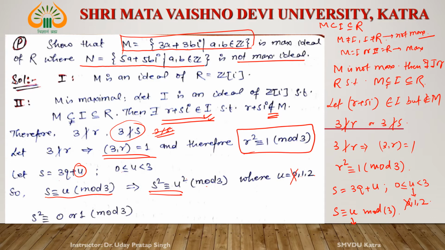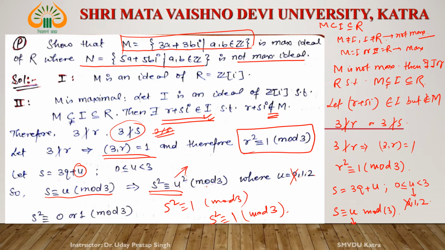But see, if U is 1, then S square is congruent to 1 modulo 3. If U is 2, then S square is congruent to 1 modulo 3. Why again 1? Since 2 square is 4, and if we divide 4 by 3, the remainder is 1.